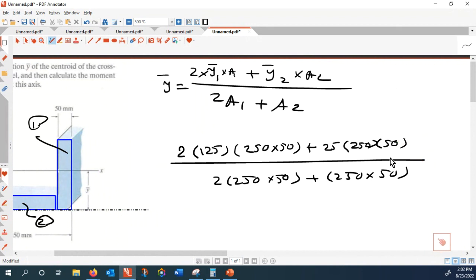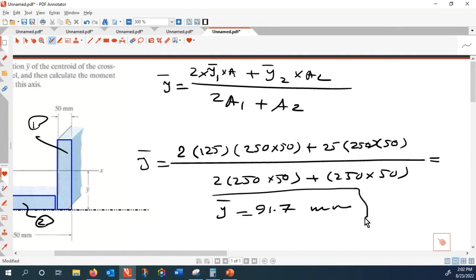So that we can simplify, and the result is 91.7 millimeter. So let's keep things in millimeter, just keep in mind that the calculations are in millimeter.